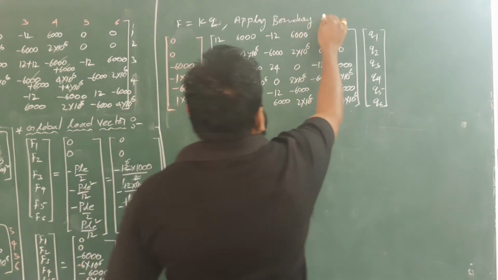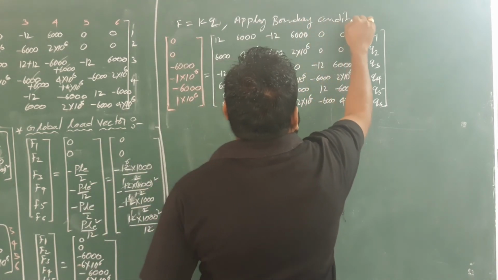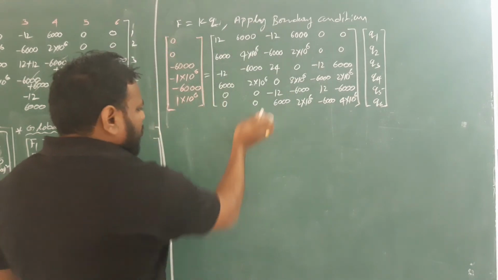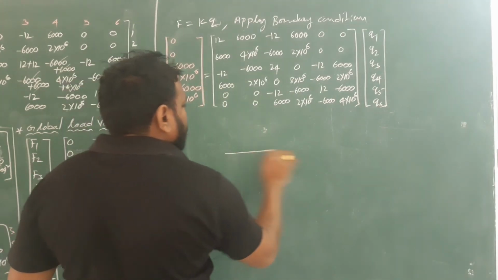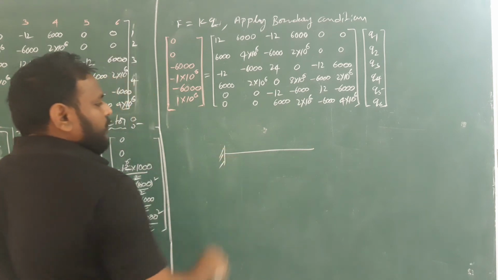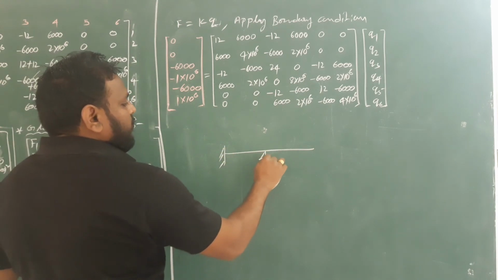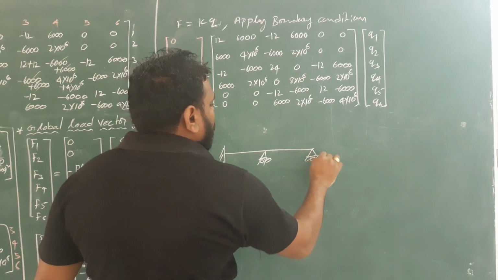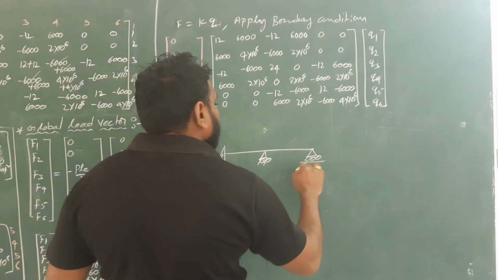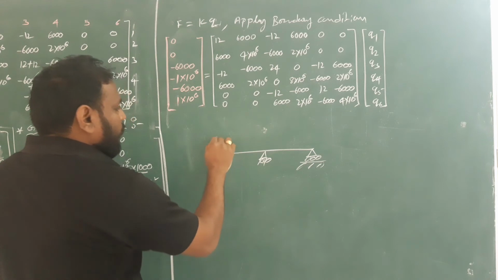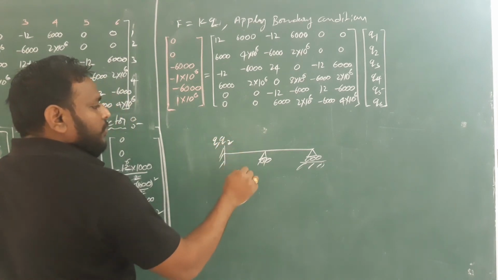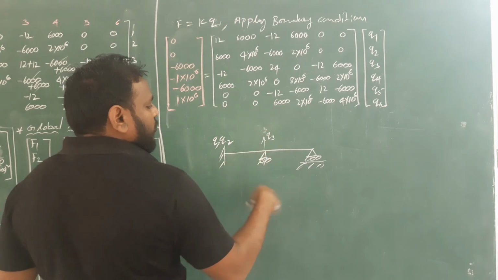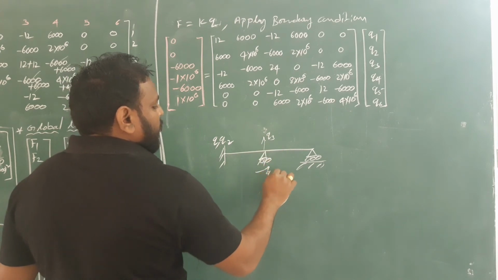The boundary conditions, okay. So here we know that here is fixed element, and here one roller support is there, and here also one more roller support is there, okay. So here is Q1 and Q2, and here vertical is Q3 and angular is Q4.